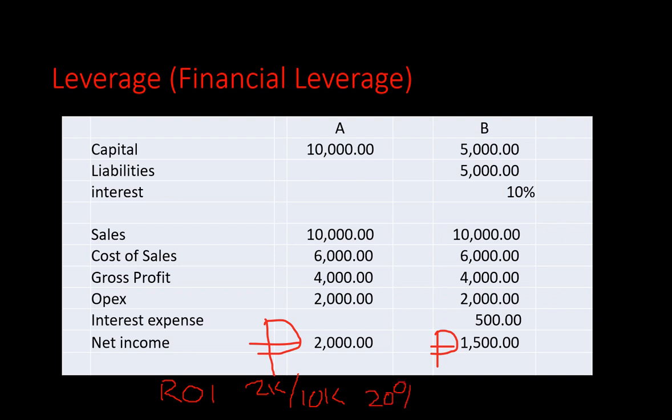While for option B, you have a net income of 1,500. We divide that by your capital, which is only 5,000. Now you have a return on investment of 30%.